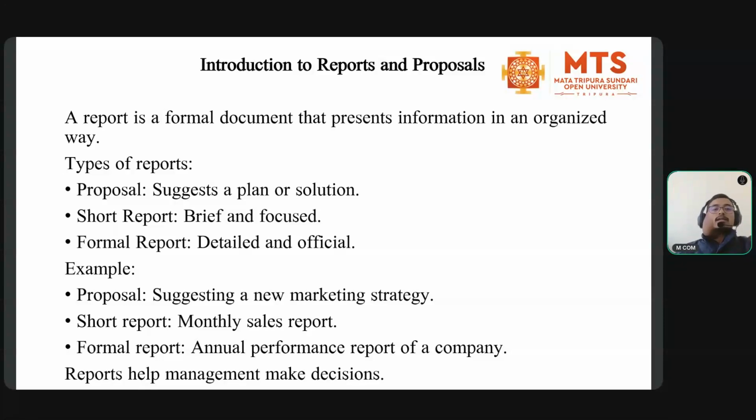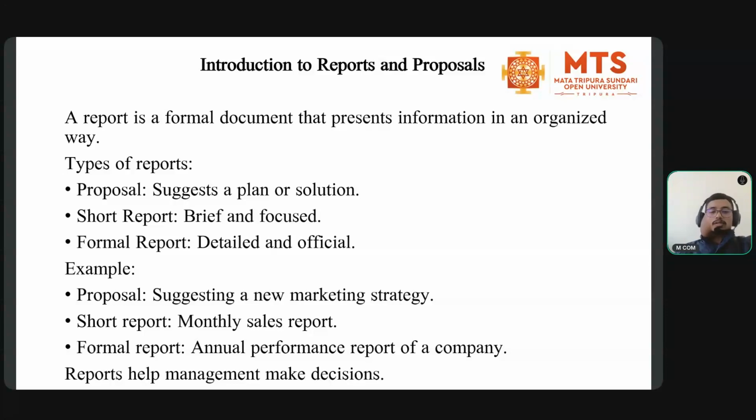A formal report is detailed and official. It follows a fixed structure and includes sections such as introduction, methodology, findings, and conclusions. Formal reports are often submitted to higher authorities. Each type of report serves a different purpose, but all require clarity and proper organization. Understanding these differences helps you choose the correct type of report for given situations.